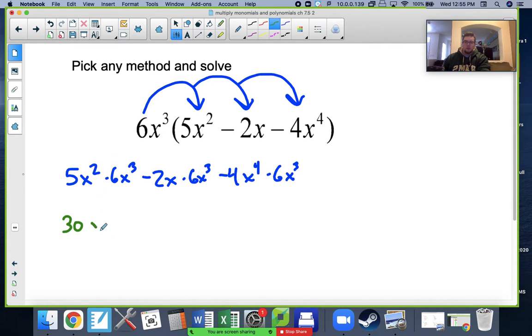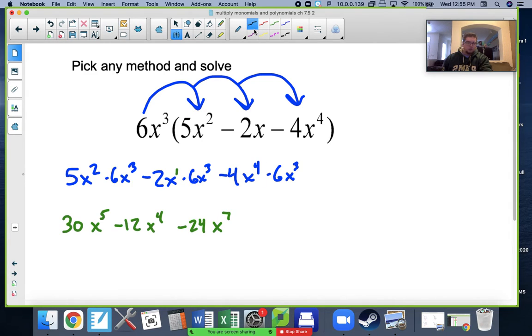X squared times x to the third is x to the fifth. Then negative 2 and 6 is negative 12. 1 and 3 gives us x to the fourth. 4 times 6 is negative 24. X to the seventh.